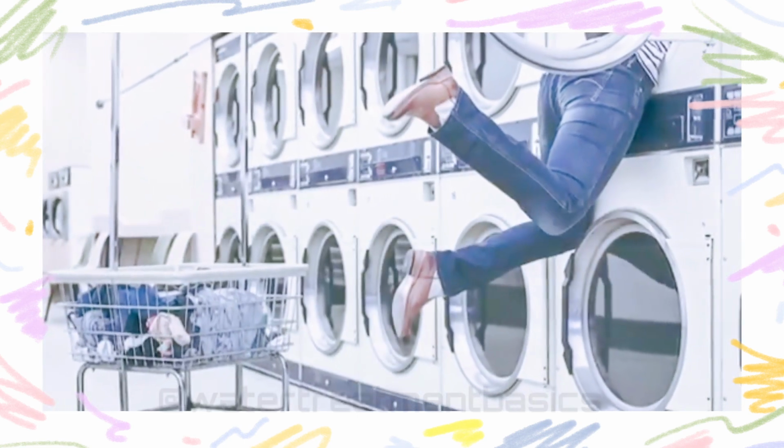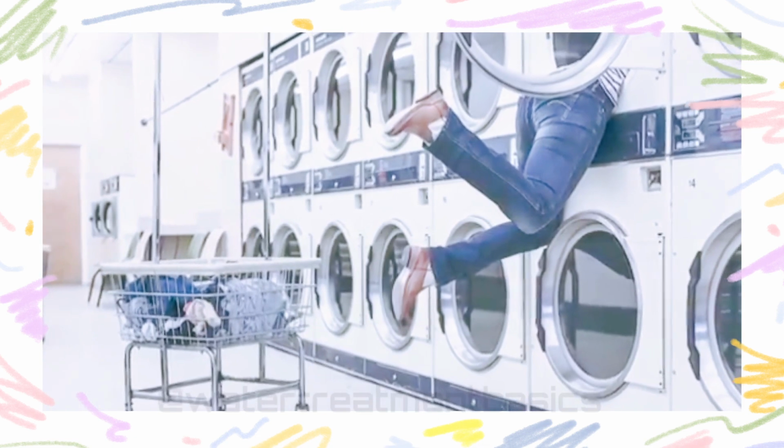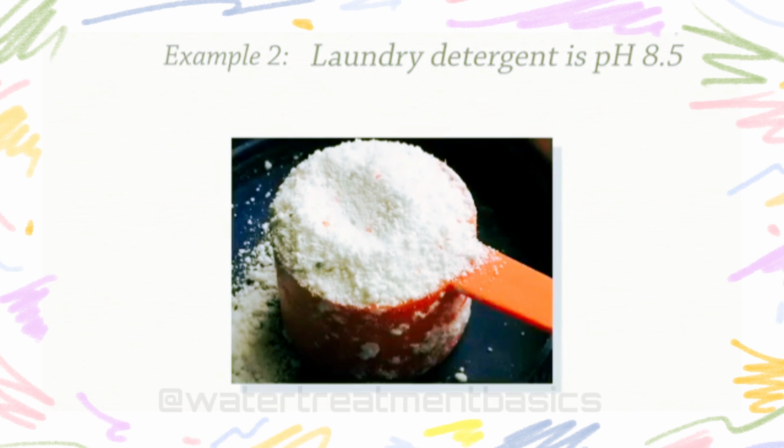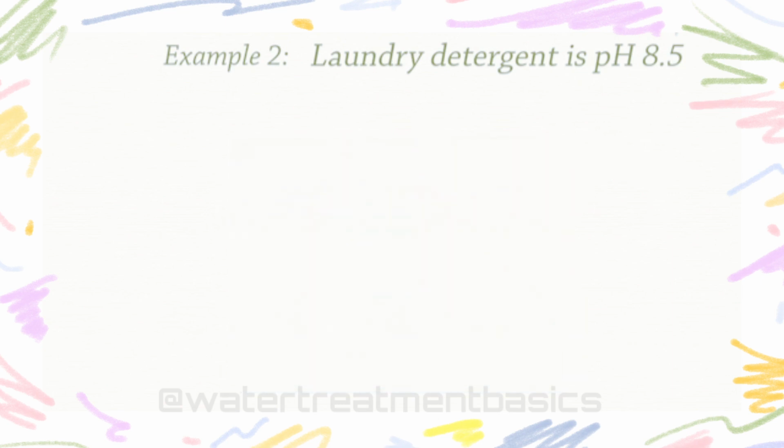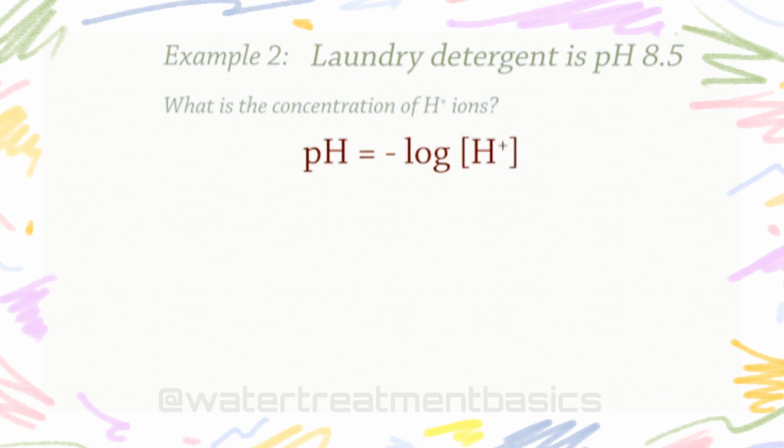Let's try another example. What's something you use in your daily life that is a base? The detergent you use to wash your clothes feels quite slippery when it dissolves in water. That's a sign that it's basic. The typical pH of washing detergent is 8.5. What is the concentration of H+ ions in this solution? pH equals negative log of the concentration of H+ ions. -8.5 equals the log of the concentration of H+ ions.